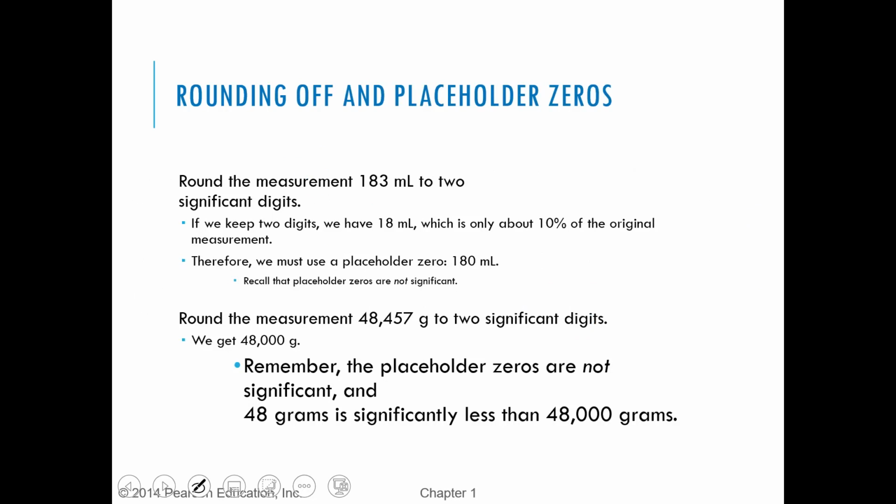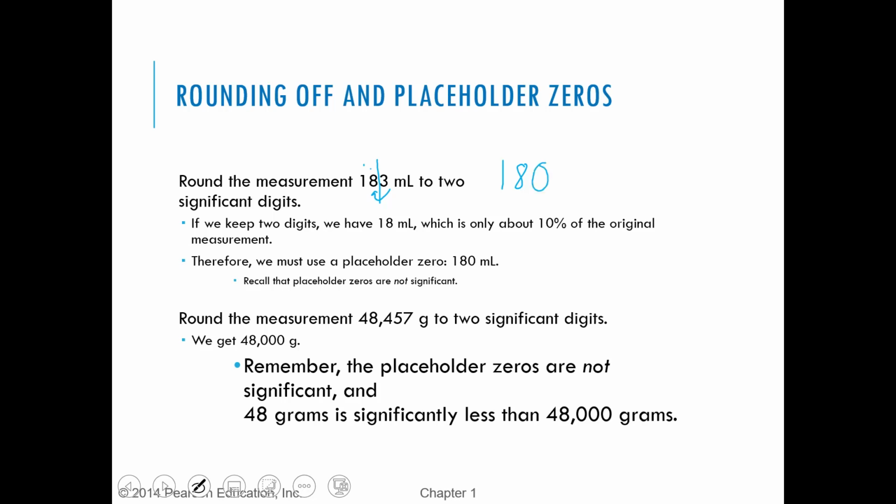What I want you to look at here is if I had a measurement, 183 milliliters, and I only needed 2 sig figs. I would say 1, 2, draw a line here. That 3 is not going to round that 8 up. So it's easy for people to just say, oh, 18. Well, I can't take 183 and say that that is equivalent to about 18.